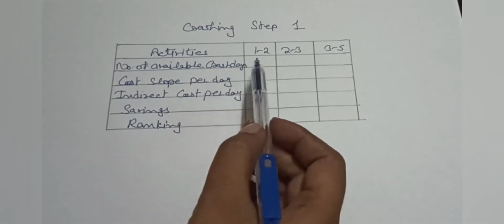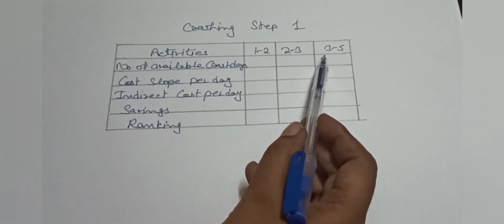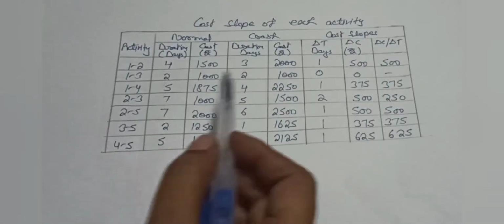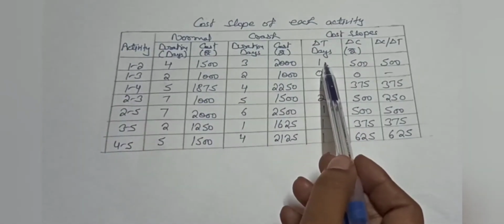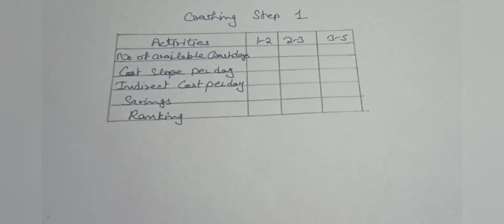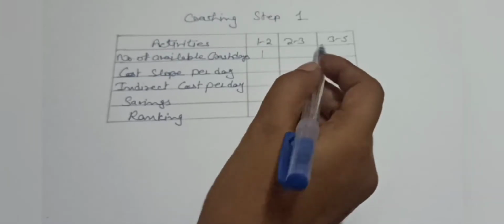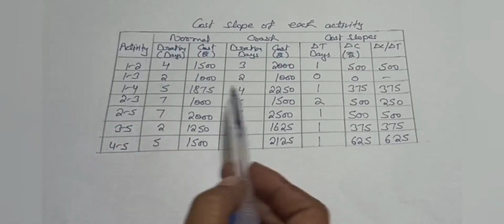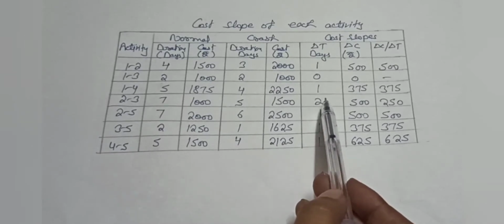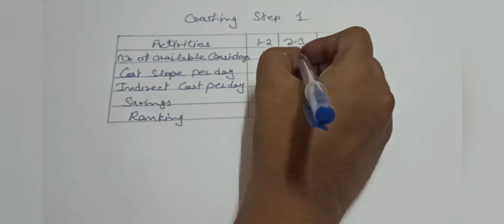So first of all, in these columns we have number of available crash days. In this chart, for crash activity 1 to 2, days are 1. So we will write here 1. For activity 2 to 3, days slope is 2. So we will write here 2.